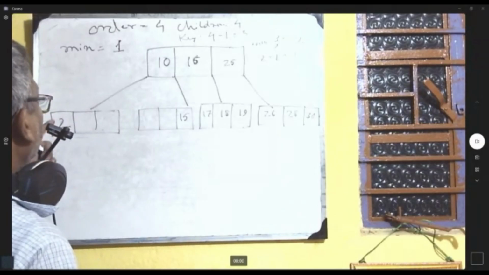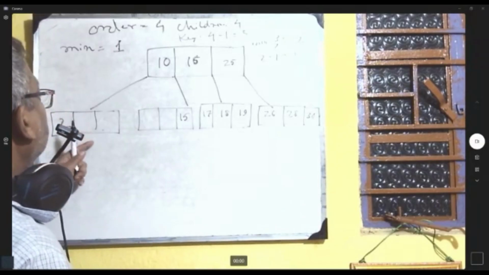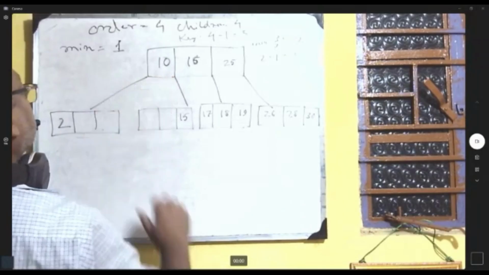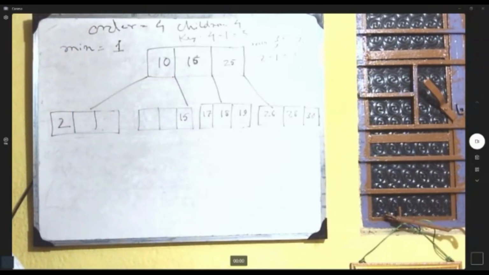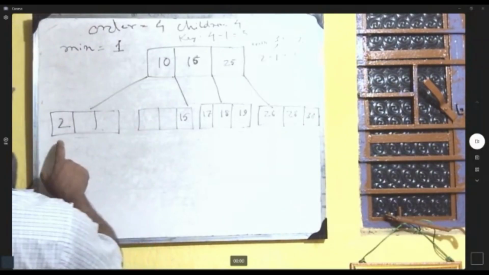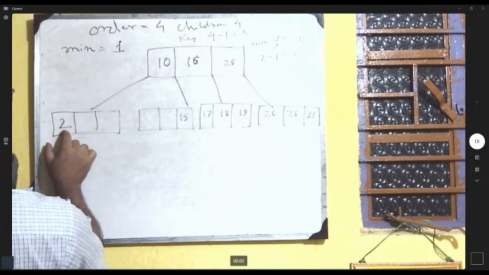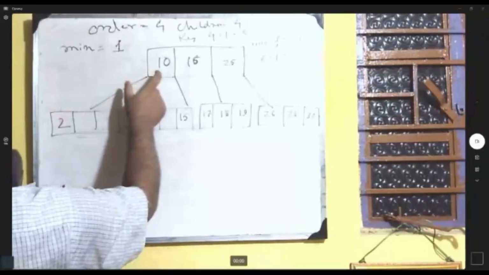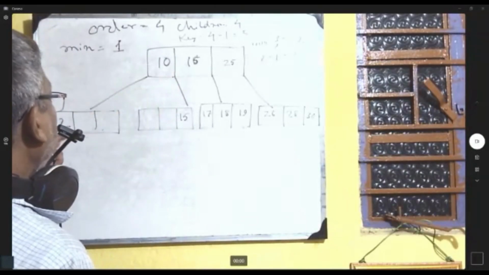When we want to delete key 2 from the leftmost node, this node, which now has only one key, 2, will request the parent node, that is 10, for one key as a replacement.